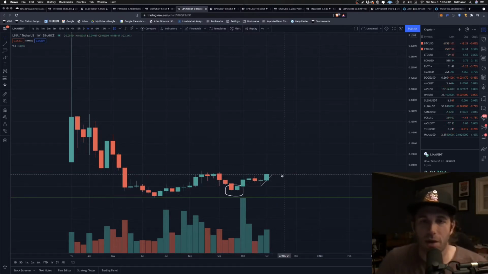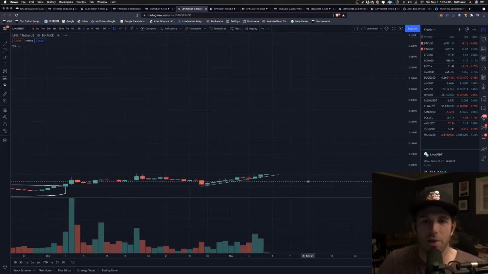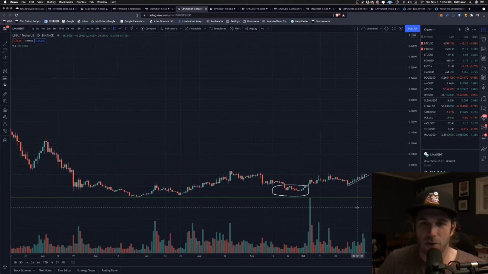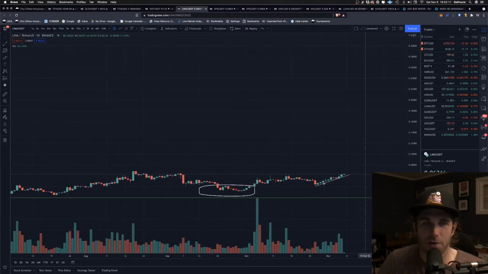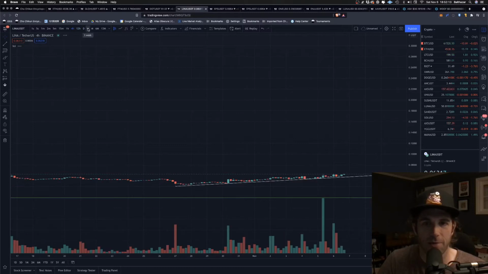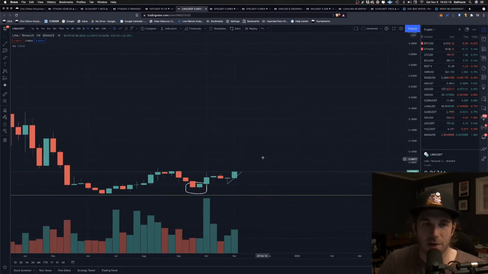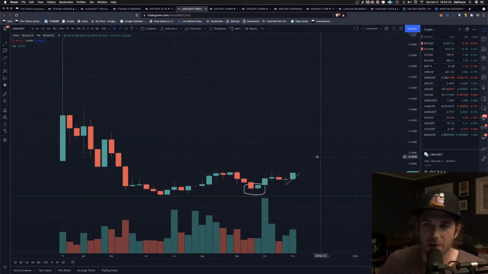Once I see a clear break of that range, that's probably when I would want to enter. And with this chart, it's quite hard to get a lot of useful information on the shorter term timeframes, but I feel like the weekly is pretty clear. What it's telling me is that we basically have sideways action and we're not going to get a big move until we break out of that range. So that's what I would be looking for.